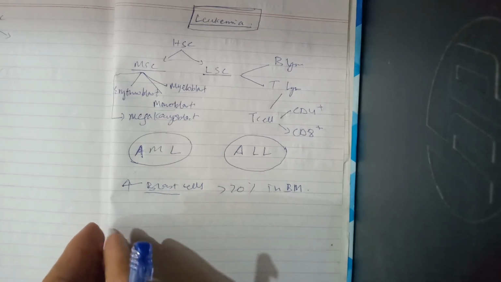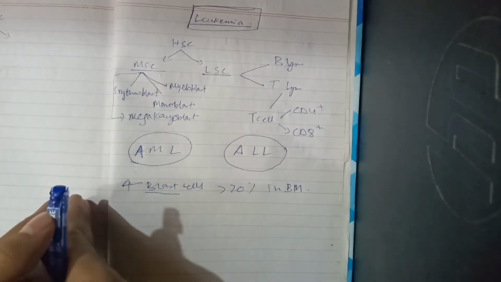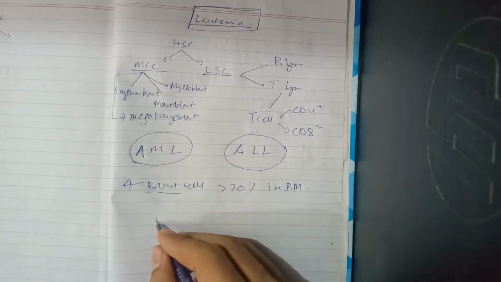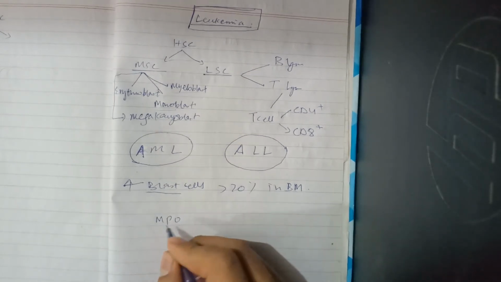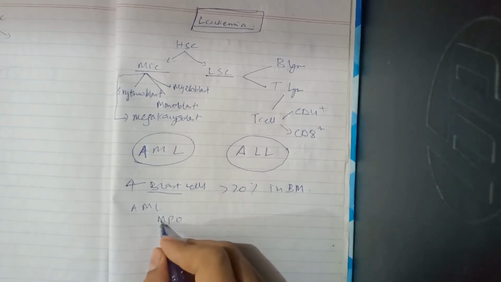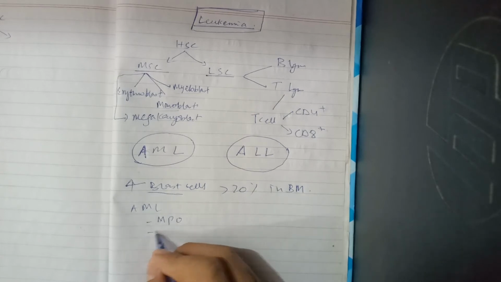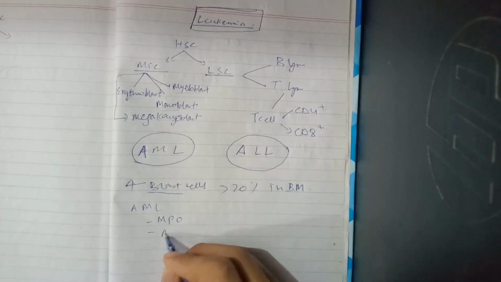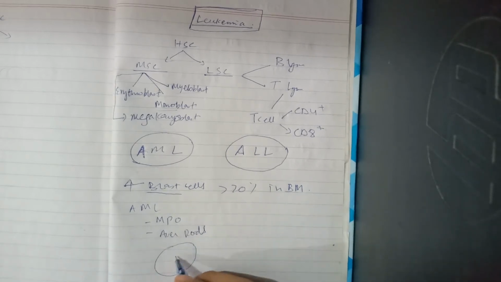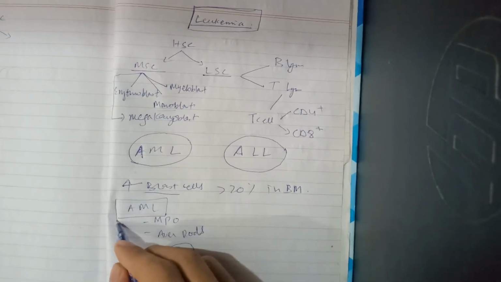In acute myeloid leukemia, the myeloid one, we'll have myeloperoxidase positive. A chemical test will confirm the presence of myeloperoxidase. It's very easy to remember: since it is acute myeloid leukemia, there is M and there is M. So in this way you will remember. Also, sometimes these aggregate and produce Auer rods. The presence of Auer rods will confirm that it is acute myeloid leukemia.